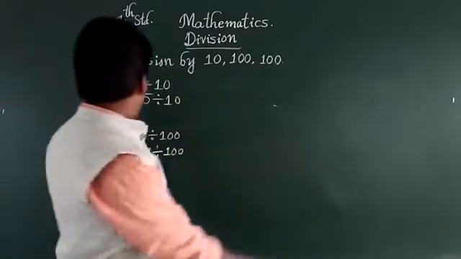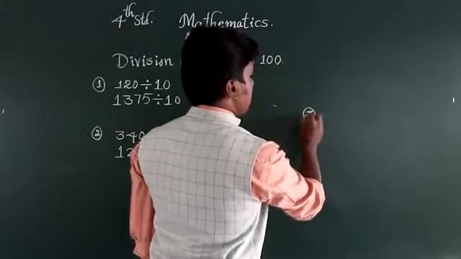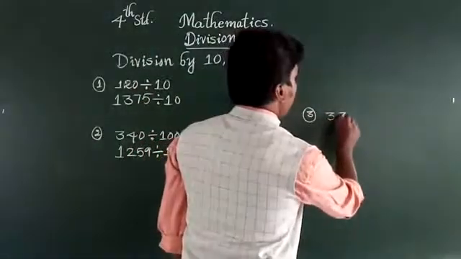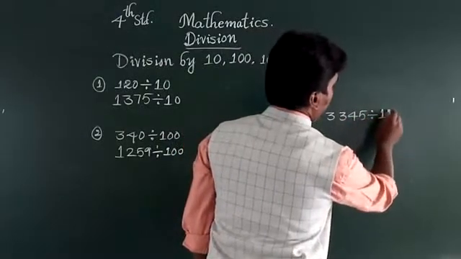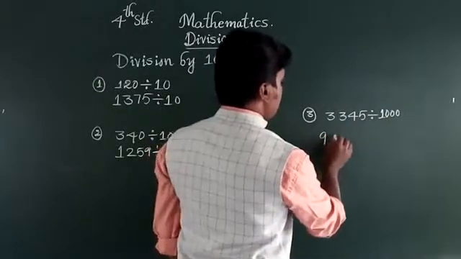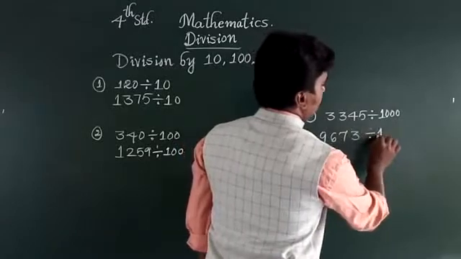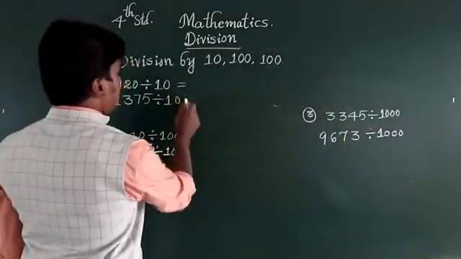Third type is division by 1000: 3345 divided by 1000, or one more number you can take, 9673 divided by 1000. So these are the simplest way you can write the answers.